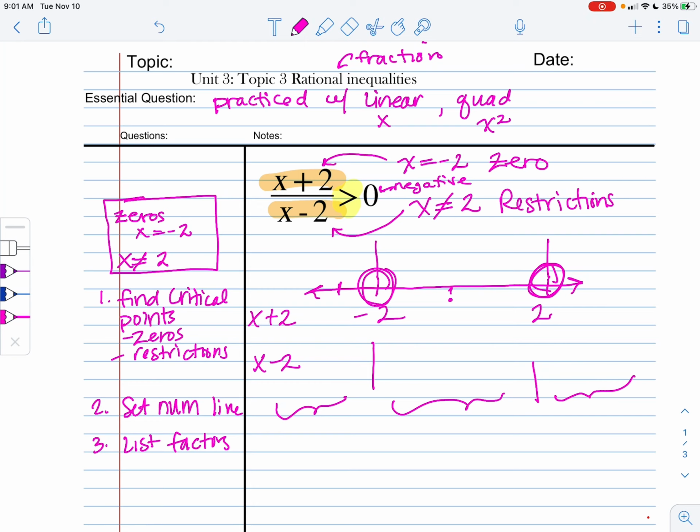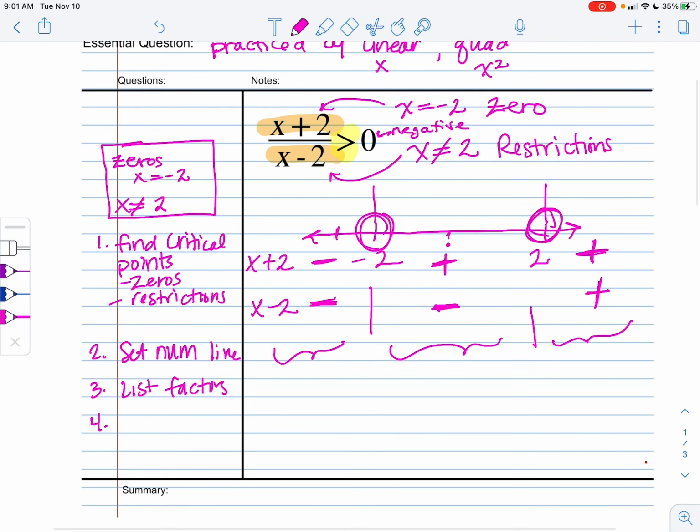Let's say like -4. All right, if I pick -4 and plug it in, -4 plus 2, I get a negative number. -4 minus 2, I get negative. I'm going to plug in 0. Here I get positive. Here I get negative. And maybe out here I'll plug in +4 and I get positive and positive.